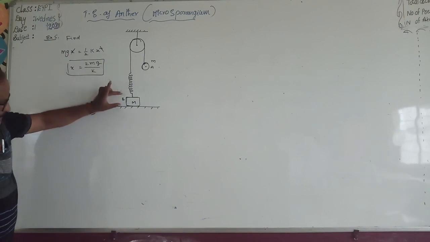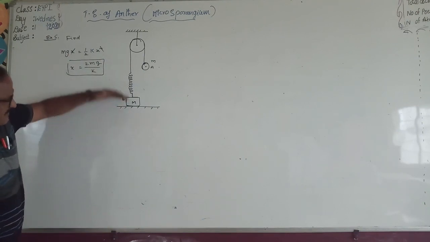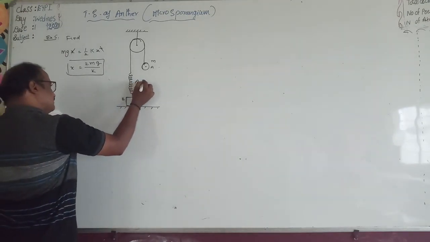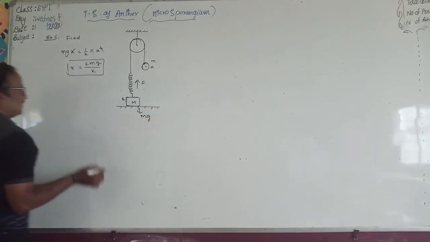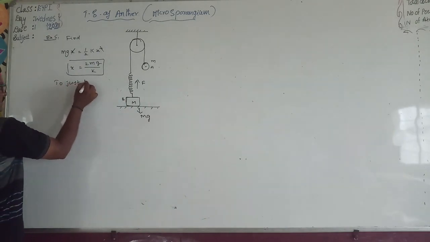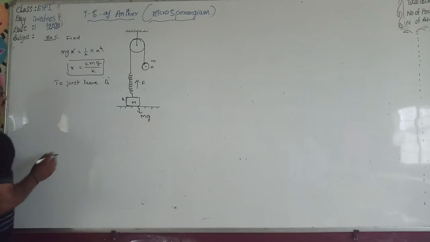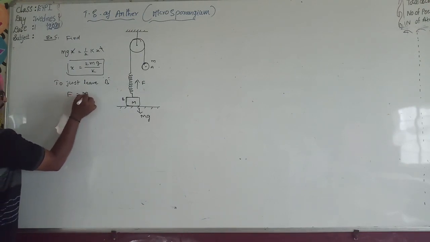Suppose the block B just leaves contact with the horizontal surface. The force acting in the upward direction is equivalent to the weight of the block, Mg. To just leave the surface, F must equal capital Mg.